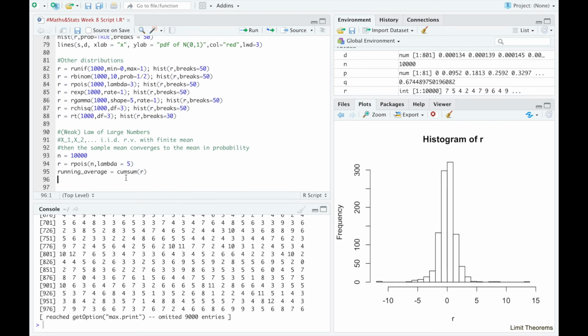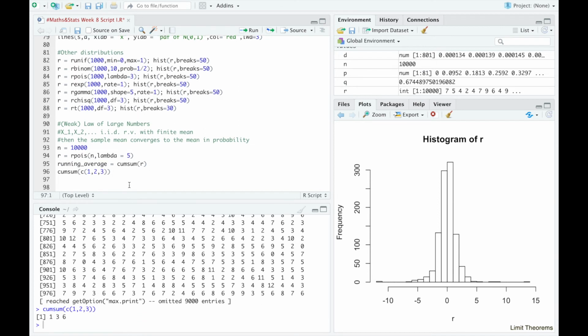So for example, the cumulative sum of the vector 1, 2, 3 will be 1, 3, 6.